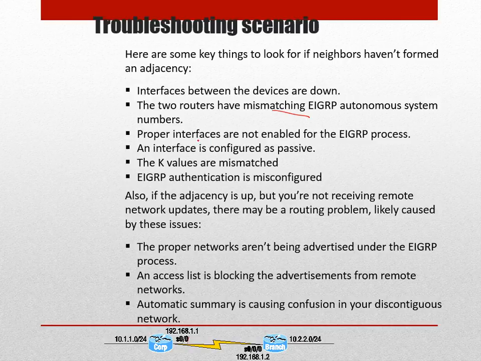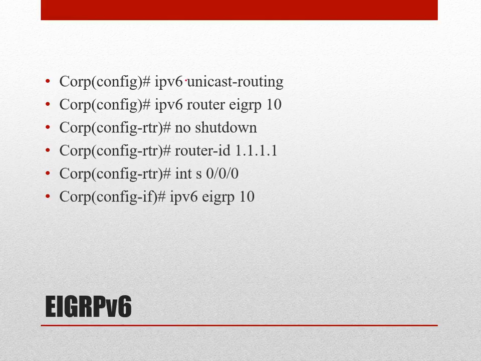This is not all the things that are wrong with the one we're going to do. Proper interfaces are not enabled for the EIGRP process. Passive interface. K values are mismatched. And if you have authentication turned on, it may be misconfigured. Not all of those, but a number of those are going to be in this little one here.